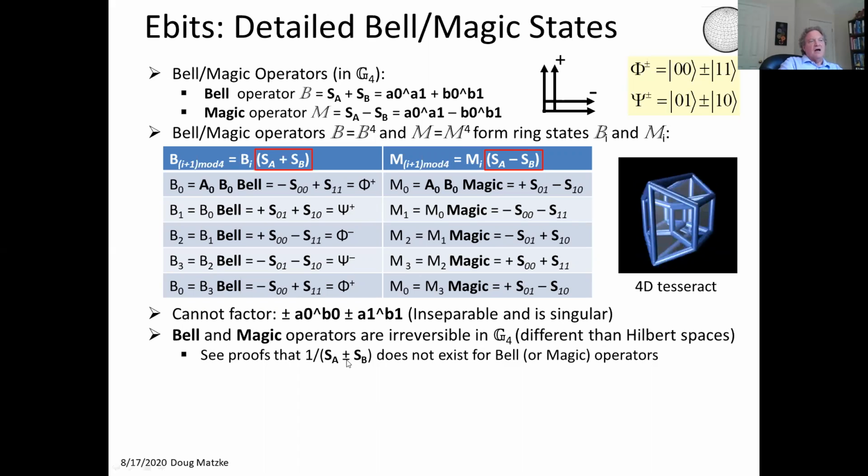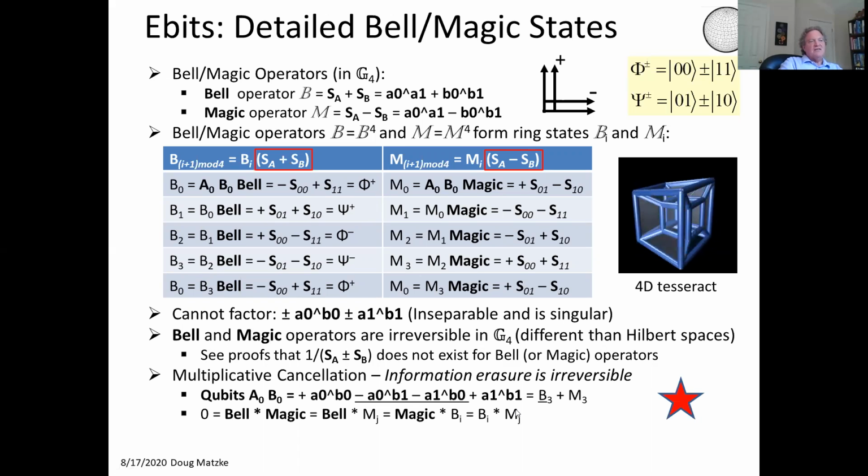Okay, and the reason is because these two states are the magic state that we found up here, and the states that are underlined are the Bell states, and the states that are not underlined are the Bell magic states. And if you take any of these complex conjugate kind of relationships, you find that anything in one set magically does cancellation on the other set.